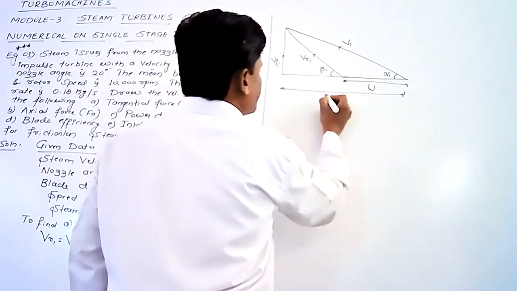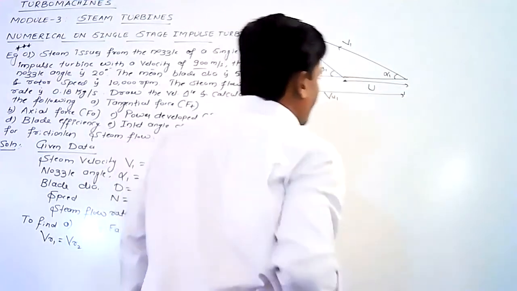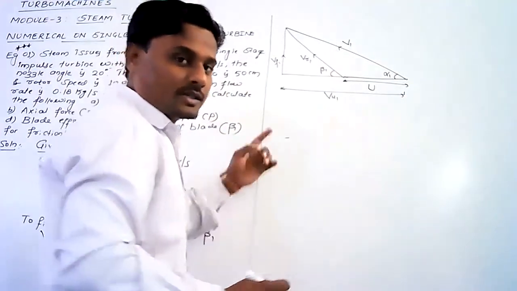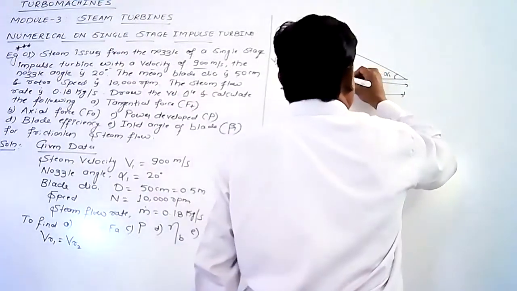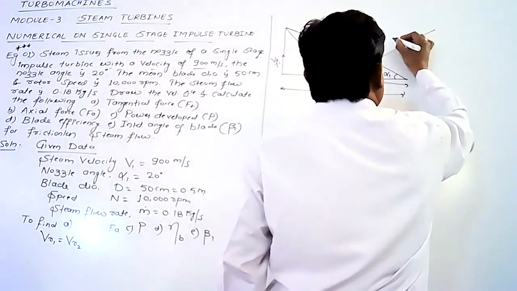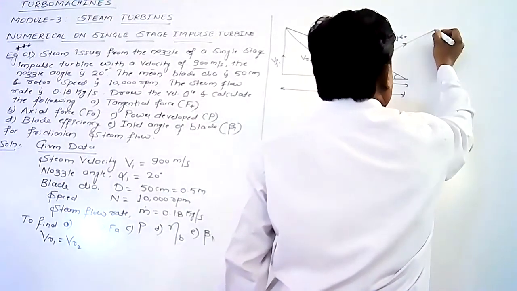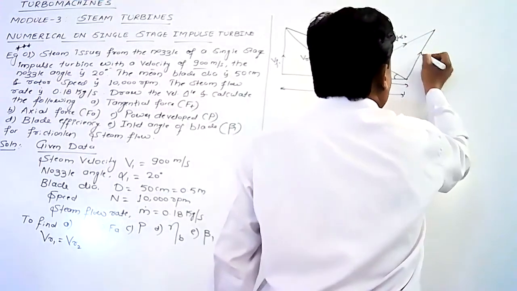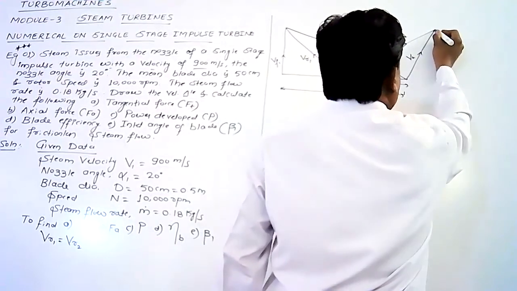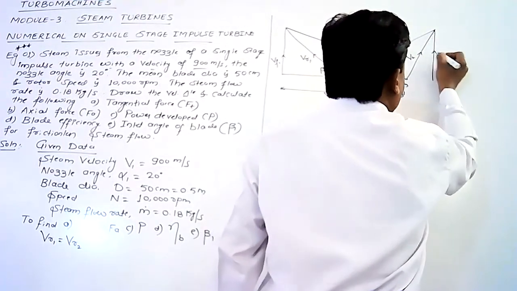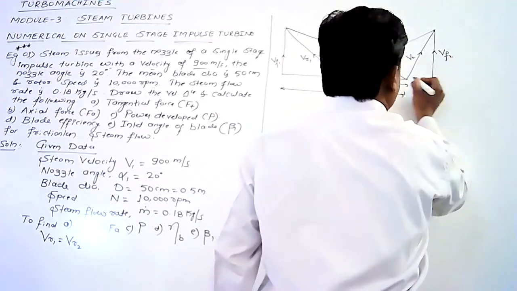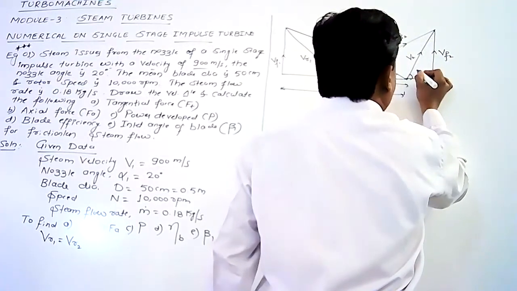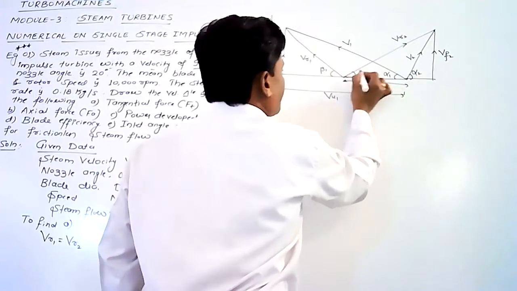The horizontal component is Vu1, the tangential velocity component. This is the inlet velocity triangle. The corresponding outlet velocity triangle is this. This will be VR2, this is V2, and the vertical component is Vf2, the flow velocity component. And this is alpha 2 and this is beta 2.